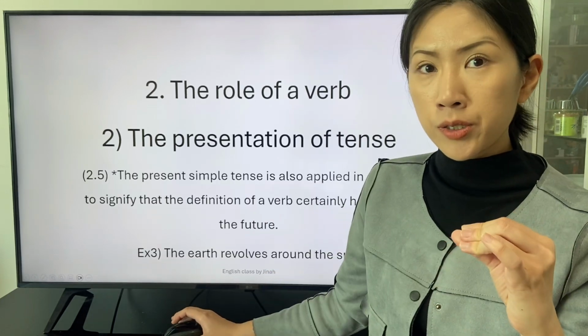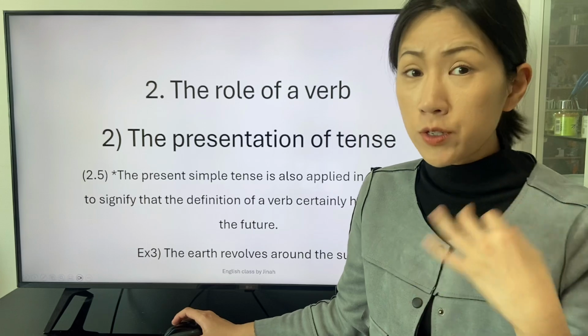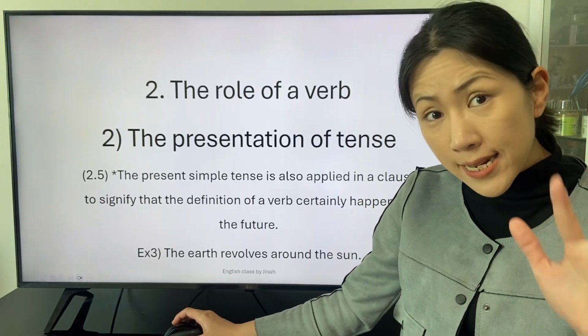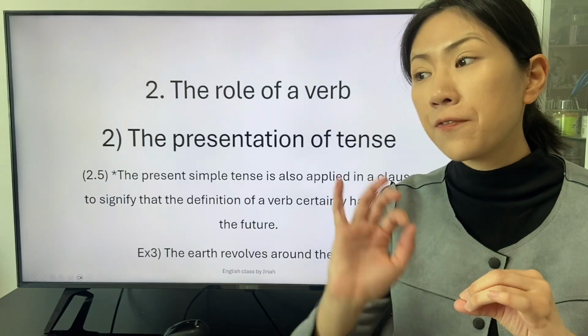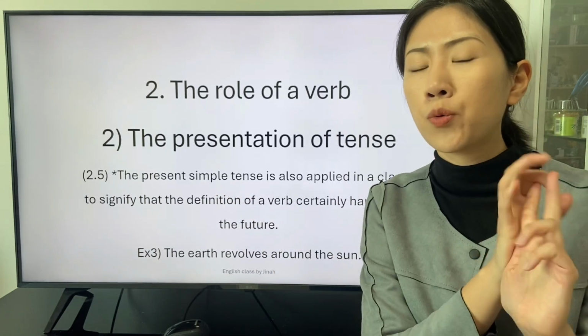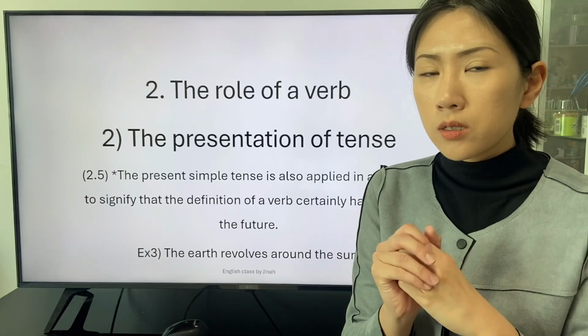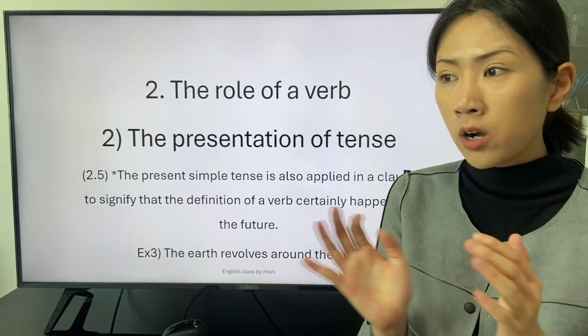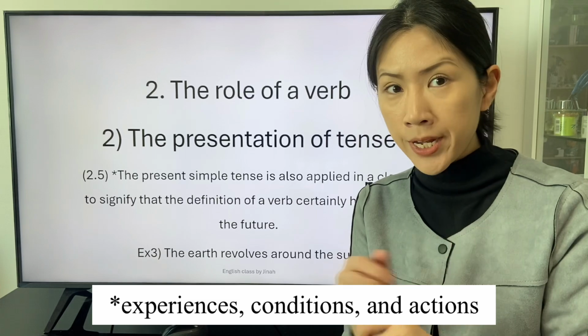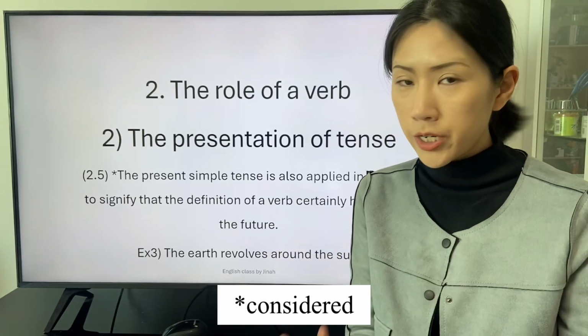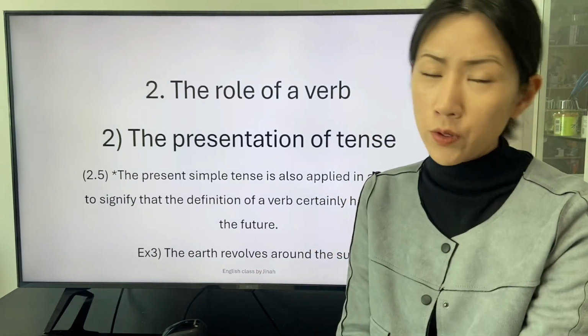Before we start to deal with the future tense, we will study the present tense used to describe a future experience, condition, or action. As we know, there are certain things that are to happen in the future.